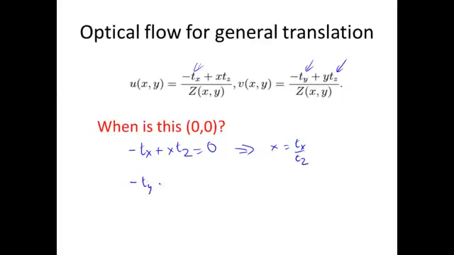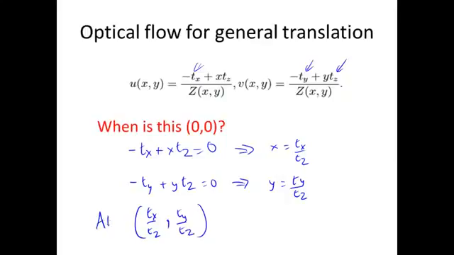Minus t sub y plus y t sub z should be 0, which implies that y equals t sub y upon t sub z. What this tells me is, if I consider the point tx upon tz, comma, t sub y upon t sub z, at this location, the optical flow u, v is 0, 0.